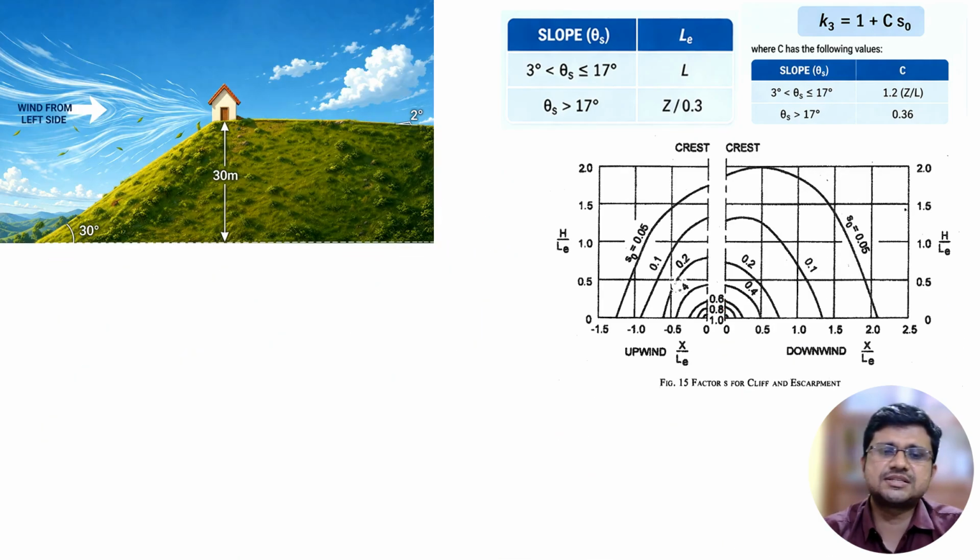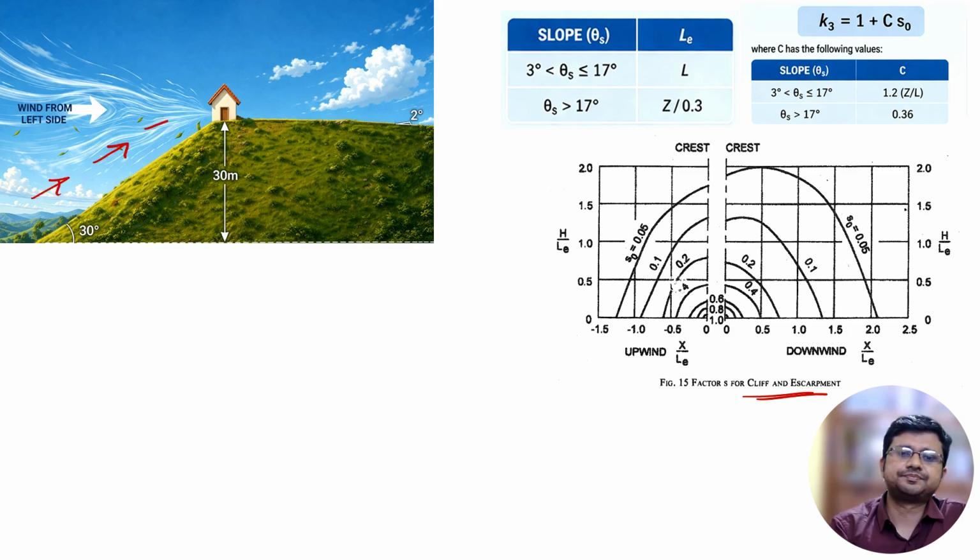So now this is one problem of a cliff or escarpment, when the downwind slope is less than 3 degree. When the downwind slope is less than 3 degree, at that time it will be a cliff or escarpment. So now suppose the wind is coming from the left like this, and this will be our upwind ground slope.